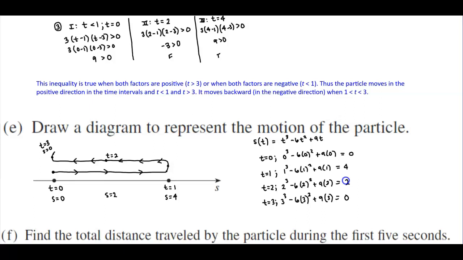And what happens when t is equal to 4? When t is equal to 4, we have 4 cubed minus 6 times 4 squared plus 9 times 4, and that gives us 4. So now we start heading back in this direction.